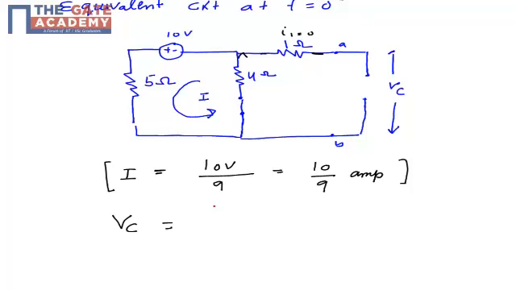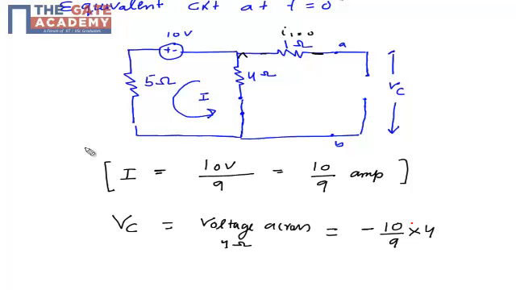So VC will simply be the voltage across 4 ohm, which is equal to minus 10 by 9 into 4. Why this minus?